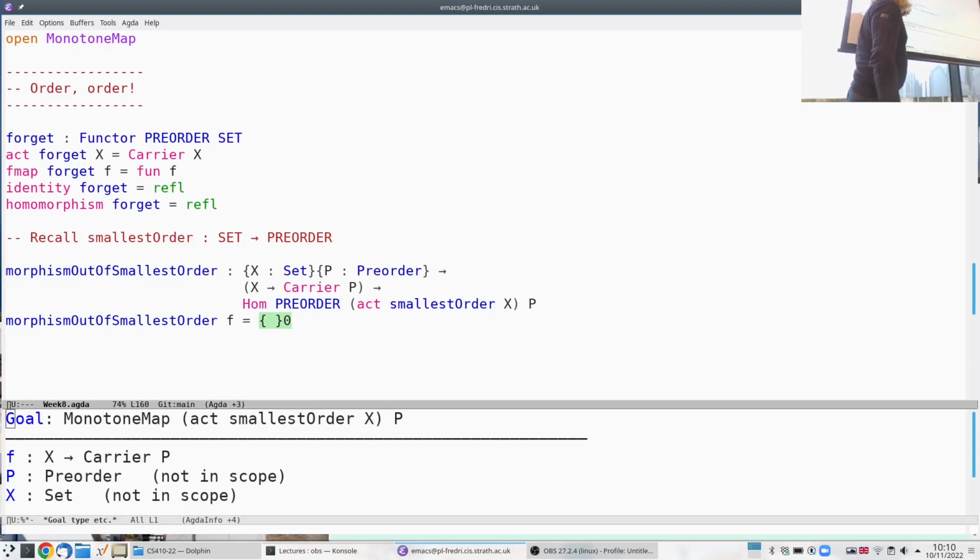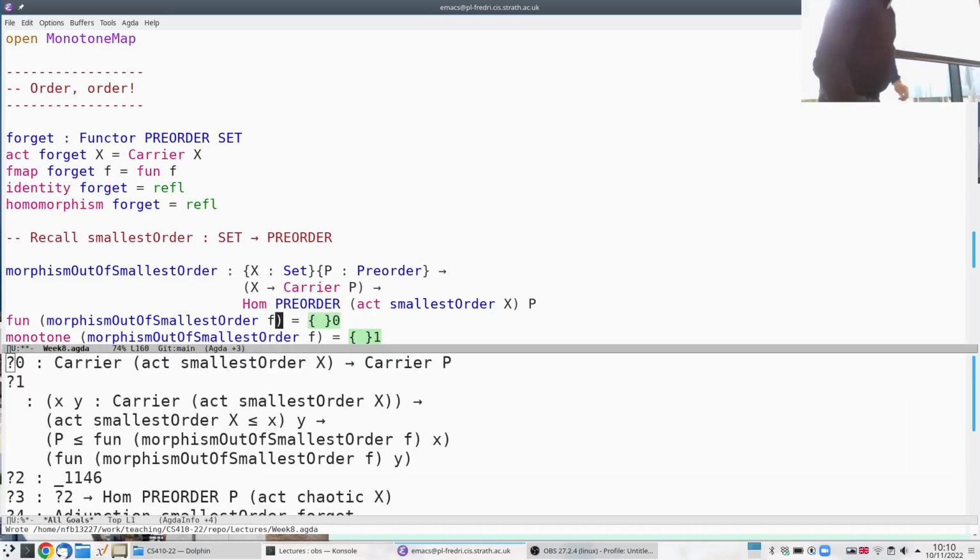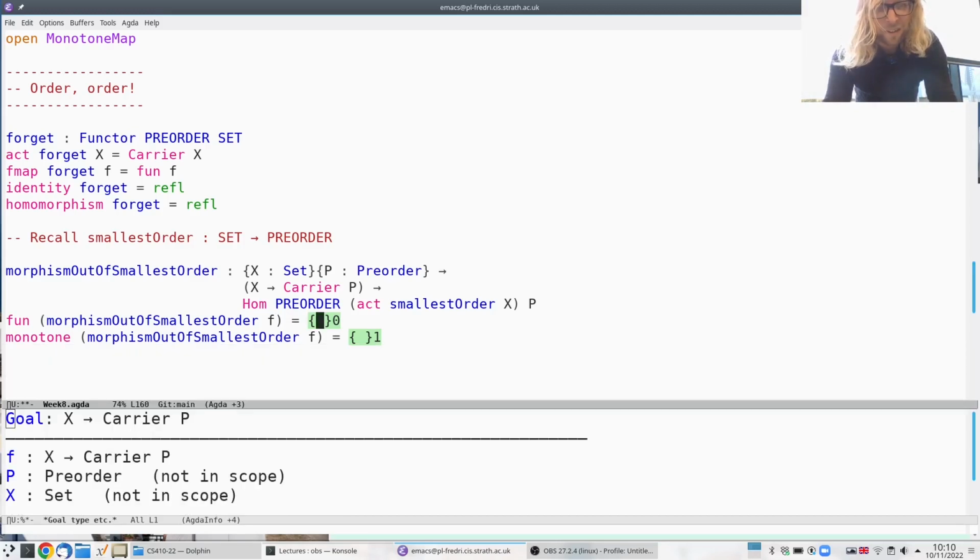That's how we defined morphisms in pre-order. So I remember that I have to do two things for this. I have to give a function, and I have to prove that it's monotone, right? But the function, that's exactly the data that Connor told me I should have.